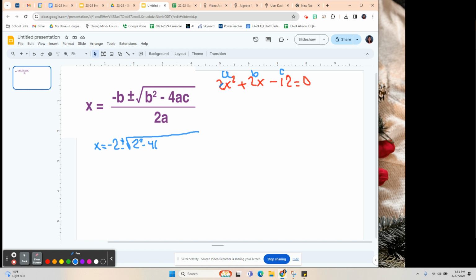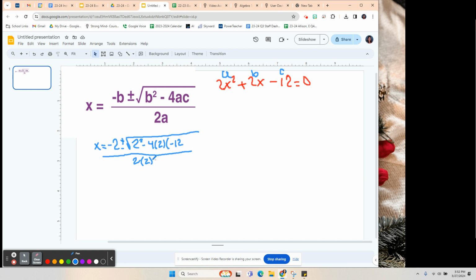Well, a is this 2. And then times c, which is negative 12. And that's all divided by 2 times a. So 2, and again, a is 2.